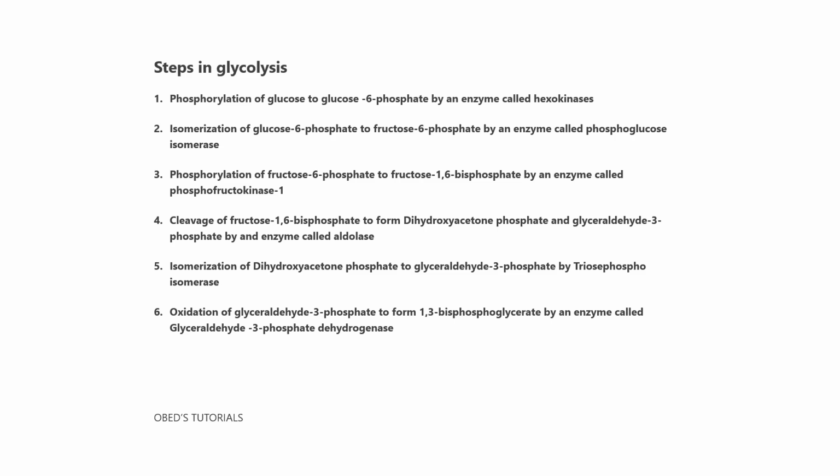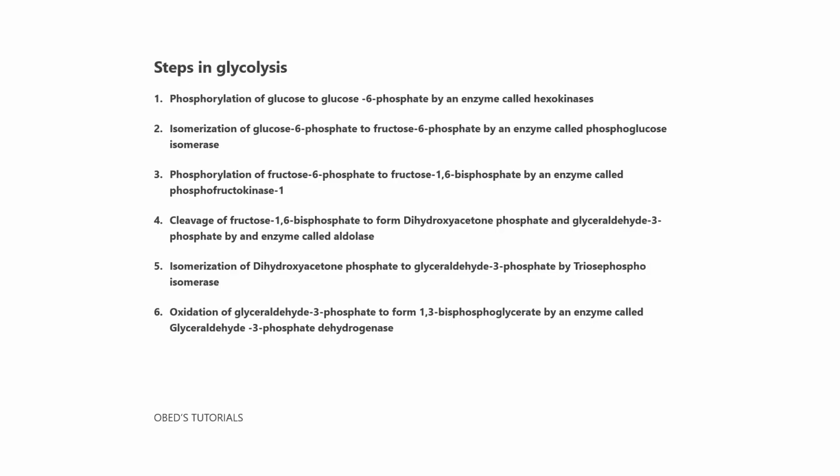So the glyceraldehyde 3-phosphate is the only molecule that can proceed in the glycolysis process, and dihydroxyacetone phosphate cannot proceed in glycolysis as well. So it needs to be converted to glyceraldehyde 3-phosphate for it to proceed in glycolysis. So we have two molecules of glyceraldehyde 3-phosphate from the breaking down of the glucose.